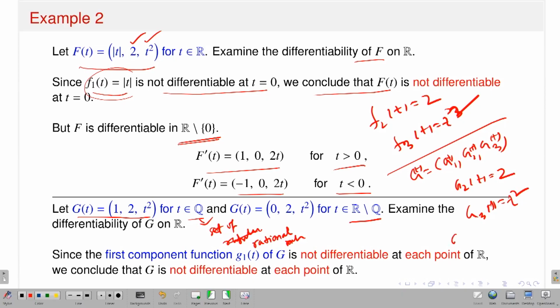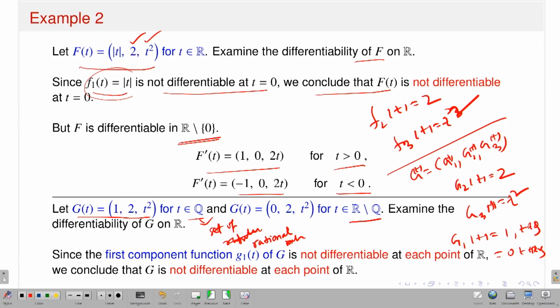But what about the G1 function? G1 takes the value 1 if t is rational, and the value 0 if t is irrational. So the component functions G2 and G3 are very nice and differentiable.